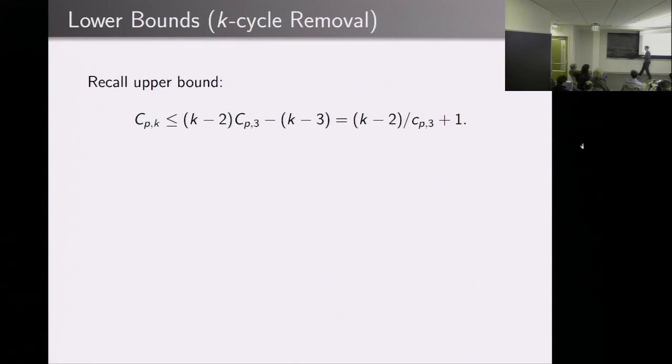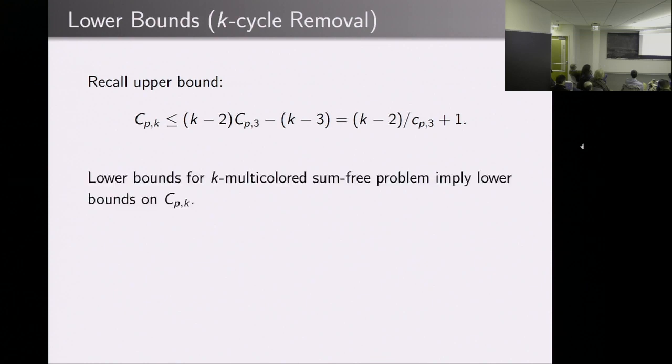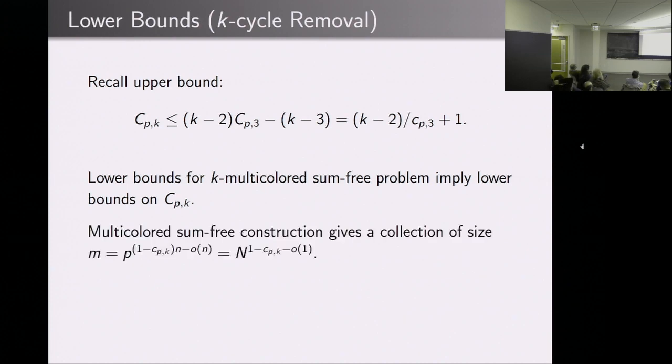So here, this then grows as some constant times k times log p asymptotically. Now, as in the case of k cycles, lower bounds for the k multicolored sum-free problems imply lower bounds on removal, basically this same calculation.